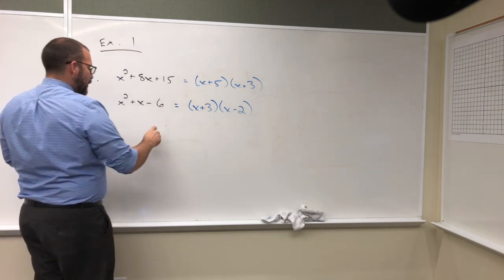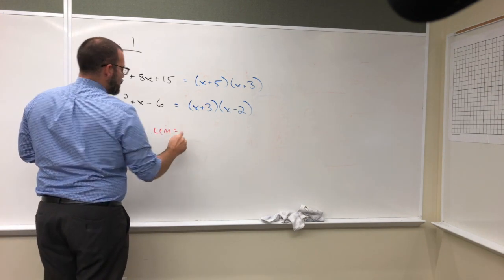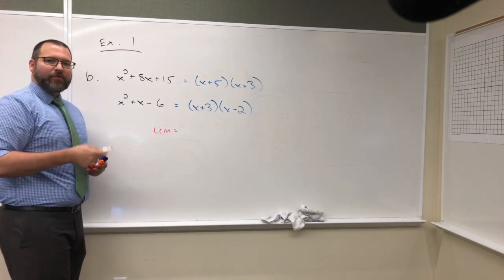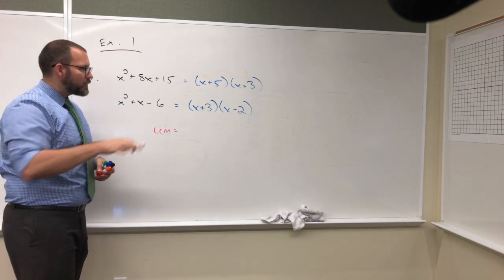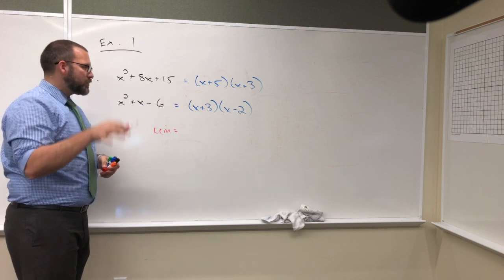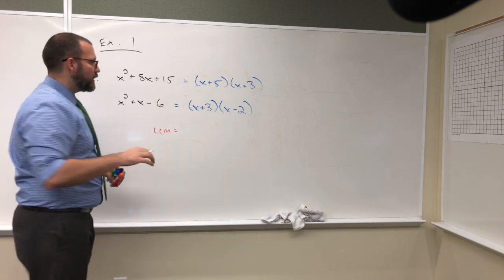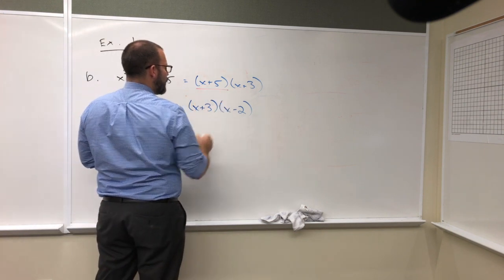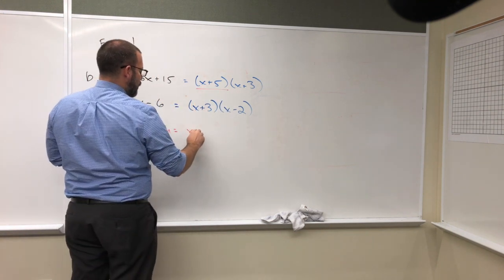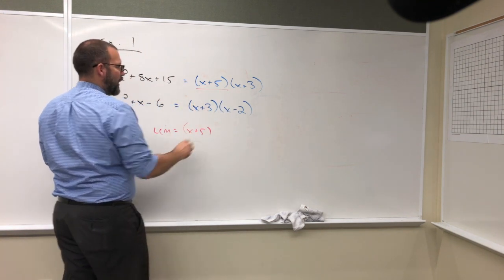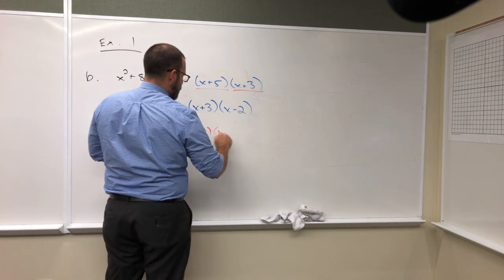Just like last time, our least common multiple is going to be the product of every individual factor we see. Does not make a difference if it's repeated, used more than once, used just once, if it has a power. None of that makes any difference. Simply identify every unique factor. Here we've got an x plus 5, x plus 3.